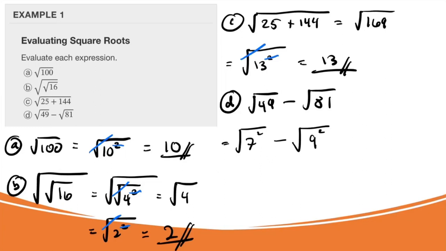Again, square root and square are inverses, so this symbol cancels this symbol, and this symbol cancels this symbol. Then it looks like we're just working with 7 minus 9, and the final result is -2.